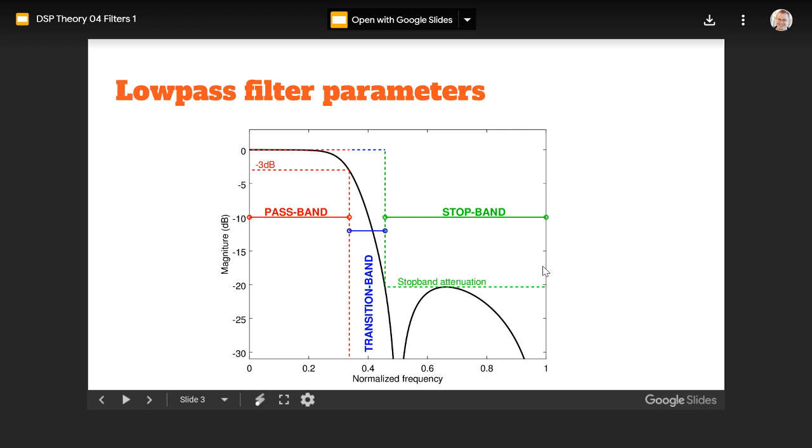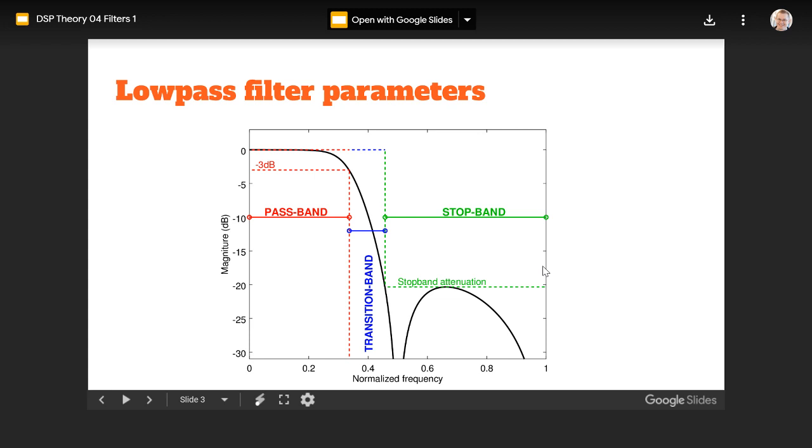Okay, about the spectral properties. Those are the, say, specifying parameters for any low-pass filter. So it has the cutoff frequency somewhere, and corresponding to that one, it basically defines the passband.